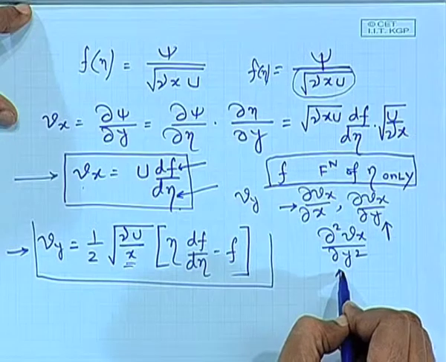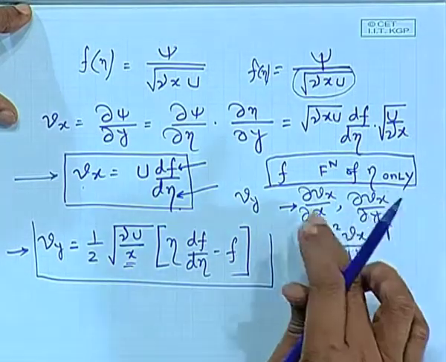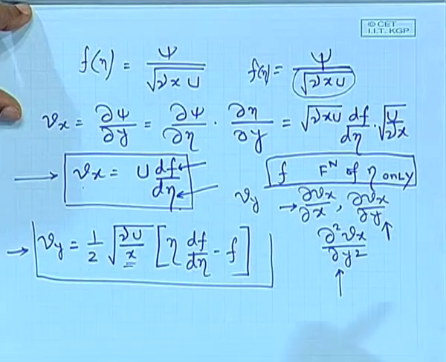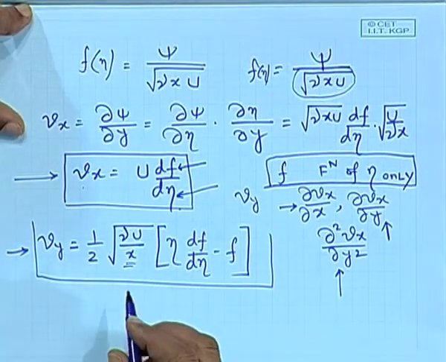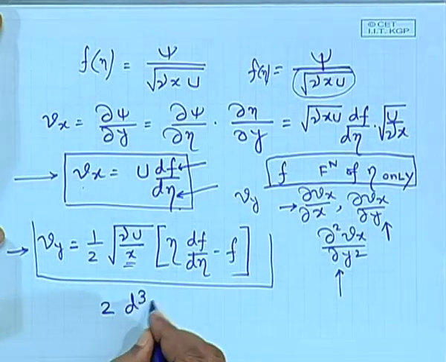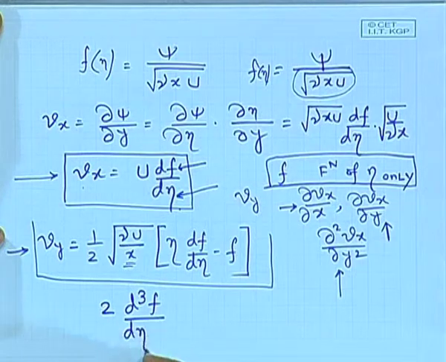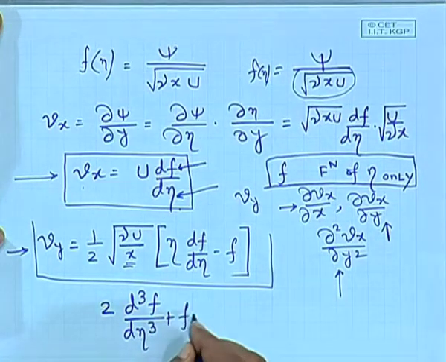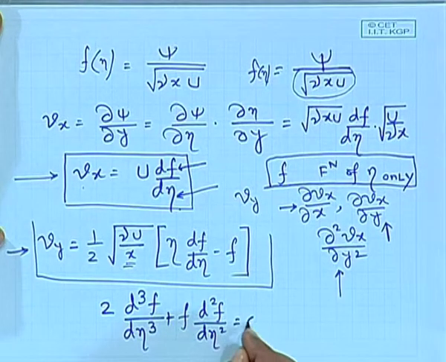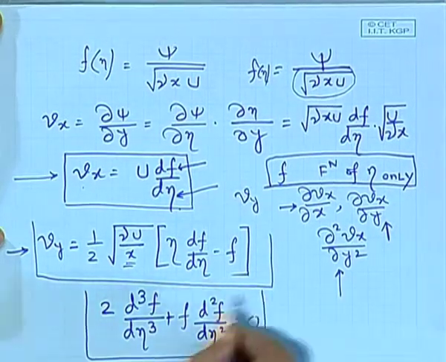So, these are the two expressions which I am specifically writing, since we are going to use them later on in our analysis. But you can see in your text what would be the expressions of the other three. Now, when all of them are put into the equation, all these x will cancel from all sides. What you will be left with is an expression which is this, the governing equation.